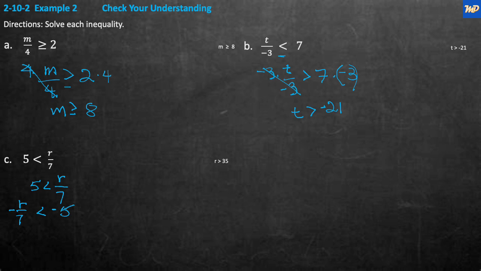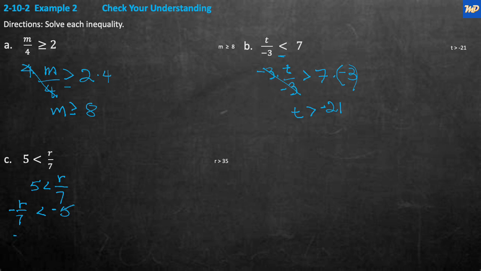We had a positive r divided by 7. It's now a negative r divided by 7. We move the 5 to the opposite side. Nothing changes on the sign yet. Now we have a negative 5. So now what we have is negative r divided by 7. So now we can multiply each side by a negative 7.